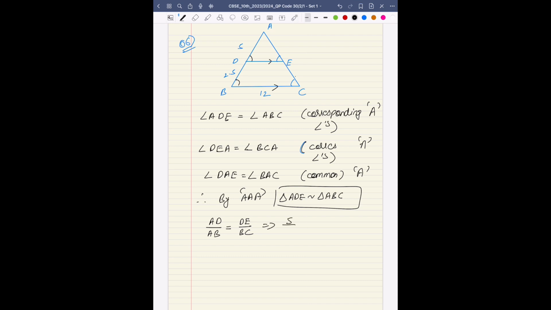AD is 5, AB is 7.5 is equal to DE upon 12. There you go. This will become 2 by 3. 12 into 2 by 3 is 8. DE comes out to be 8 centimeters. In short, the answer for this question is C.